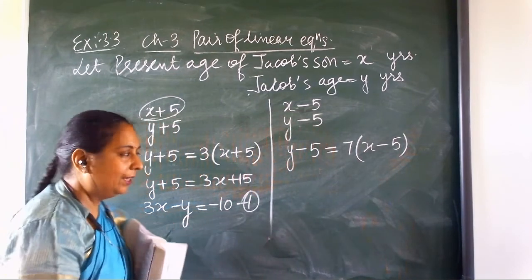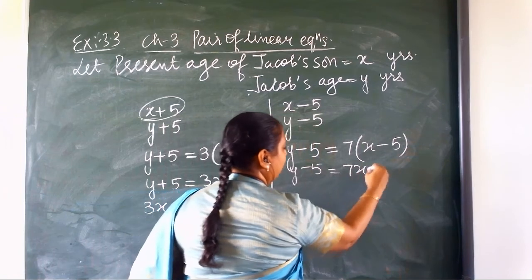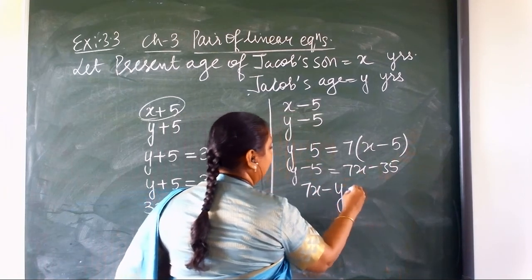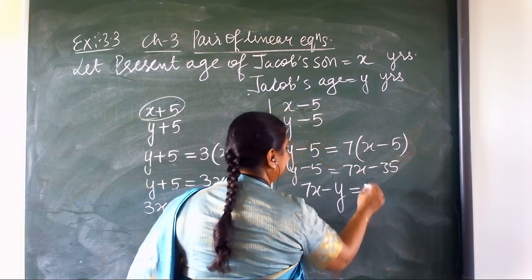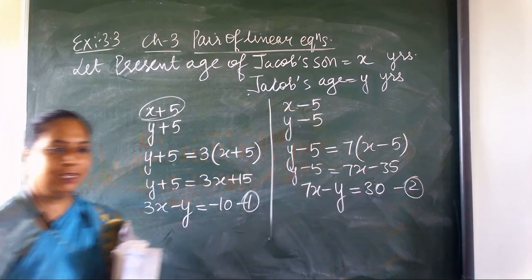Now simplify it. y minus 5 is equal to 7x minus 35, or 7x minus y is equal to 30. This is the second equation.